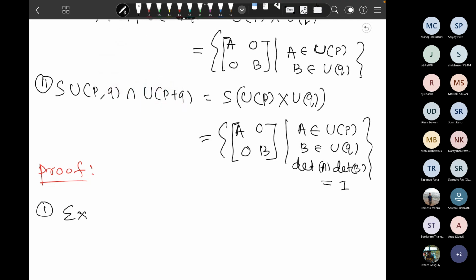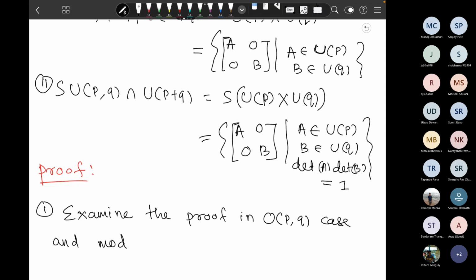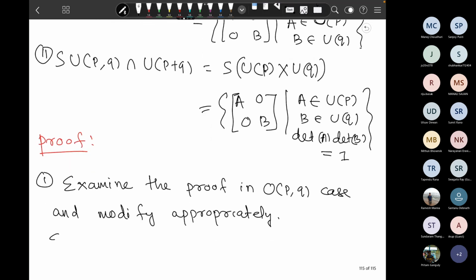Examine the proof in the O(P,Q) case and modify appropriately.